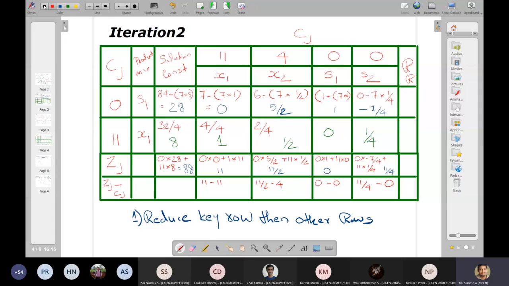The values will be 0, 0, 3 by 2, 0 and 11 by 4. So that is the end of iteration number 2.